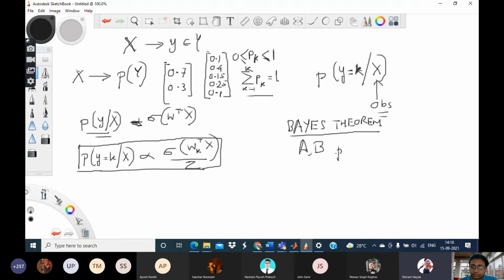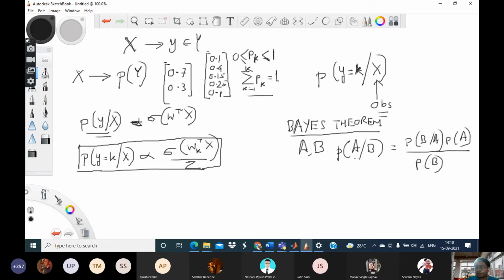P of A given B equals P of B given A times P of A upon P of B, or P of A intersection B upon P of B. Is this right? Yes, sir. Okay, fine. This is what Bayes theorem is telling us.